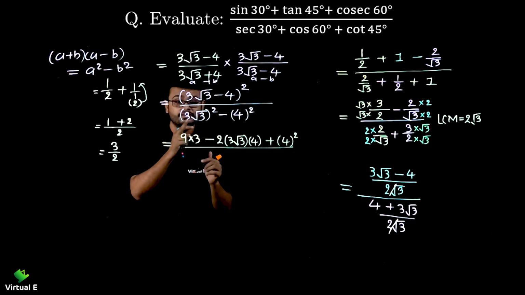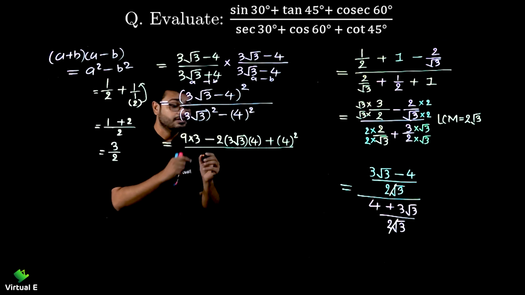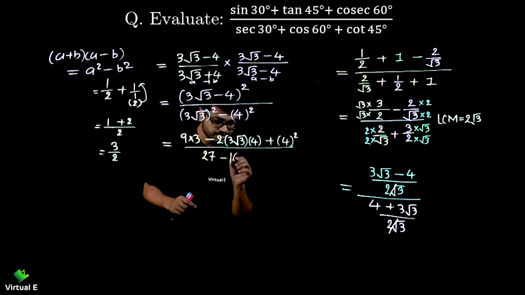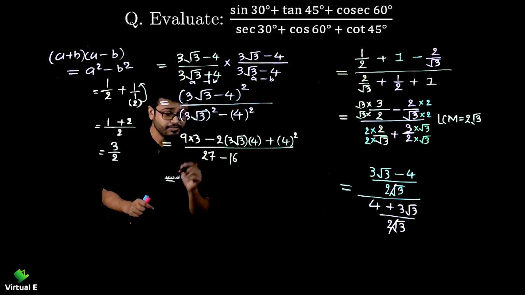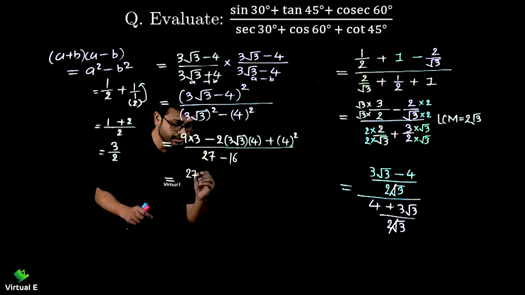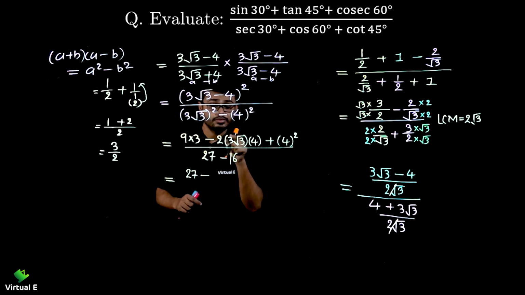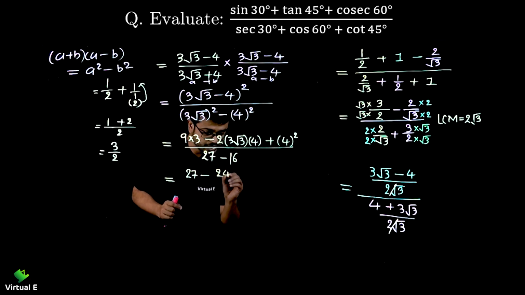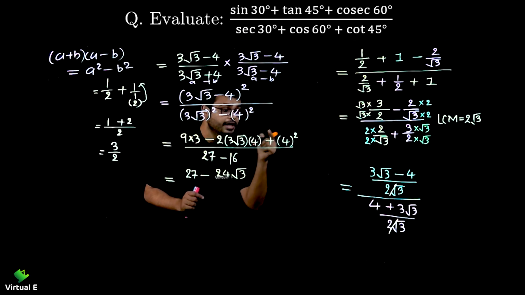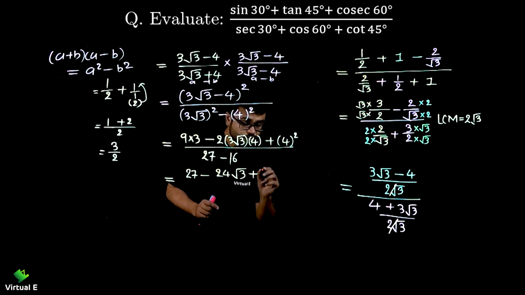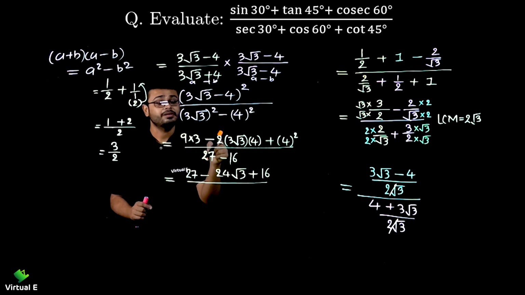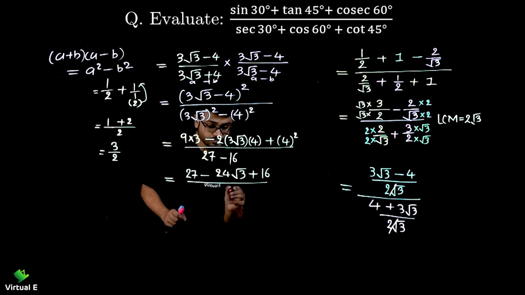Let's simplify. 3 3s are 9, 9 3s are 27, minus 4 4s are 16. In the numerator, 9 3s are 27, minus 2 3s are 6, 6 4s are 24, so 24 square root of 3, and plus 4 square, which is 16. Then in the denominator, 27 minus 16: 7 minus 6 will be 1, 2 minus 1 will be 1.